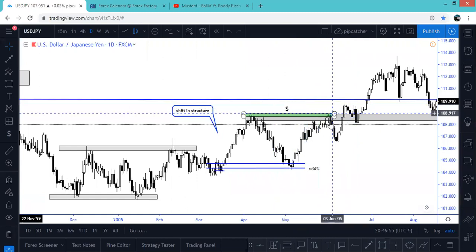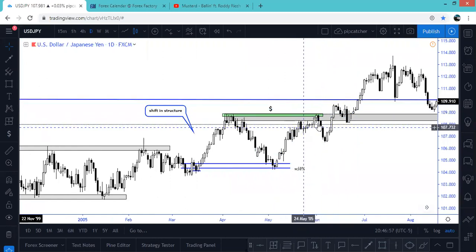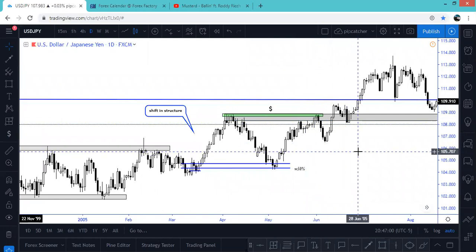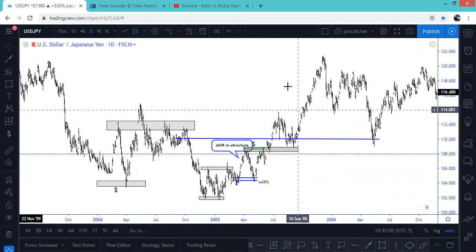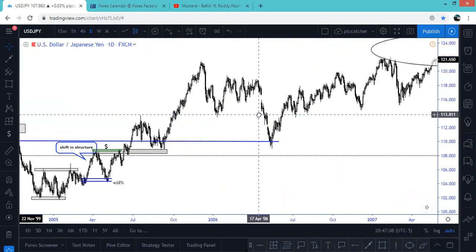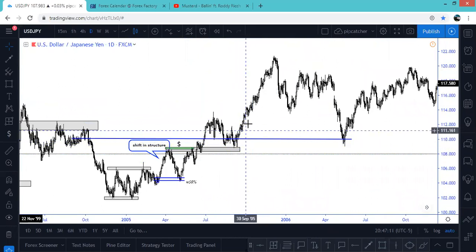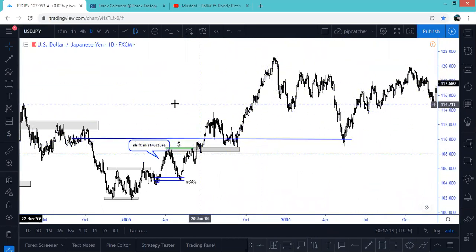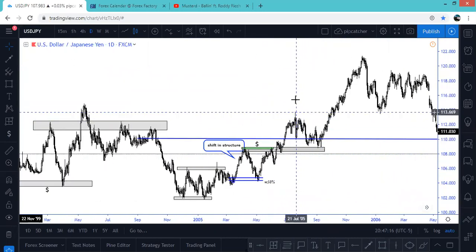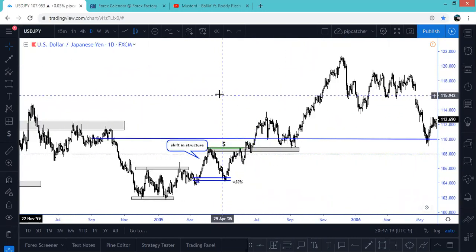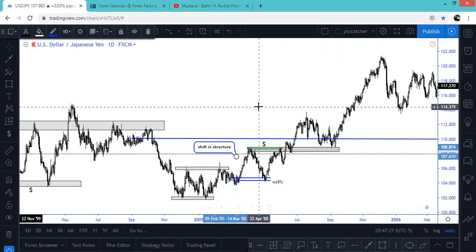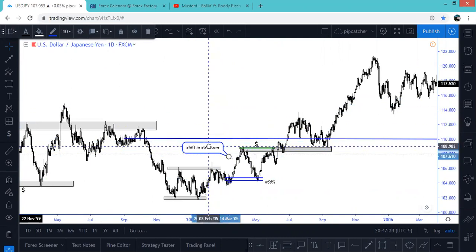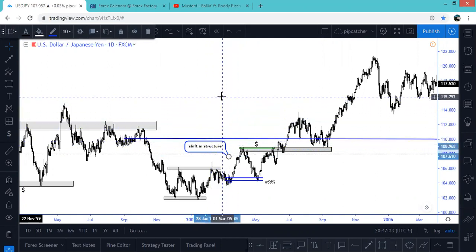So that's what it looks like when retail gets in the market, right? So we broke down this area of reversal on the monthly time frame. Could have caught a lot of pips and very nice position trade setups. That's why higher time frame biases always win over lower time frames.